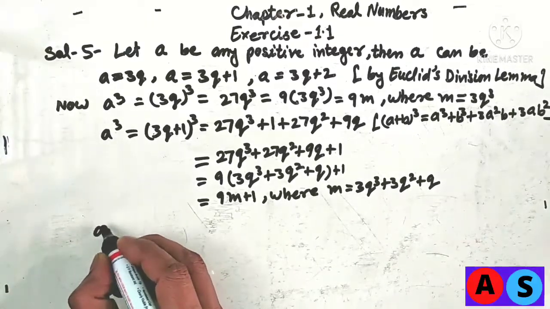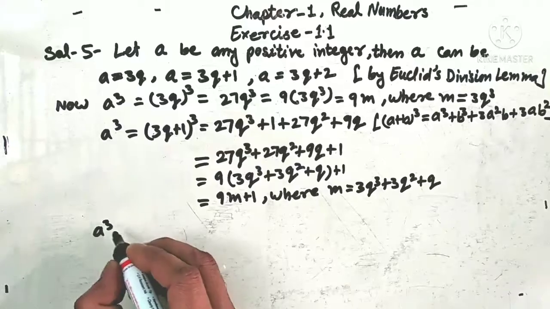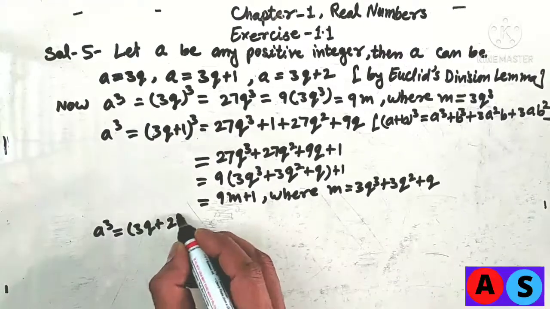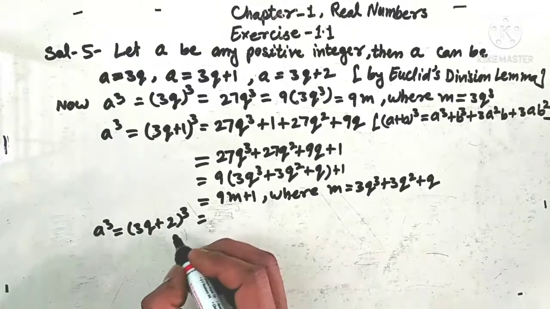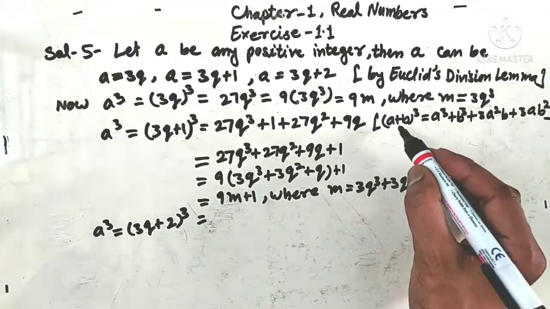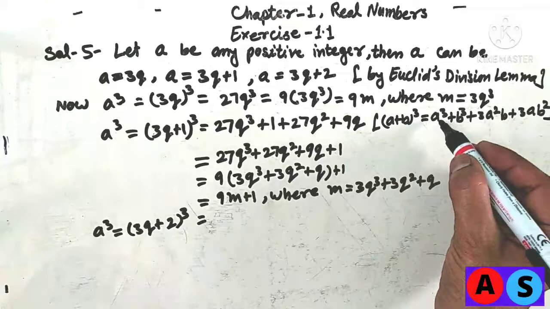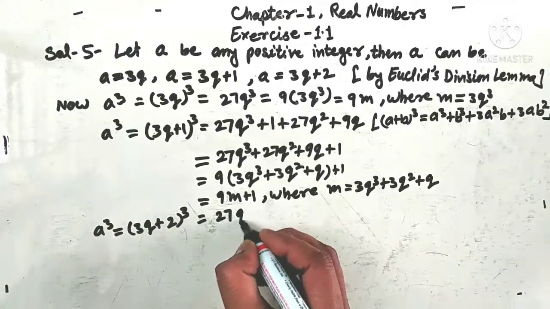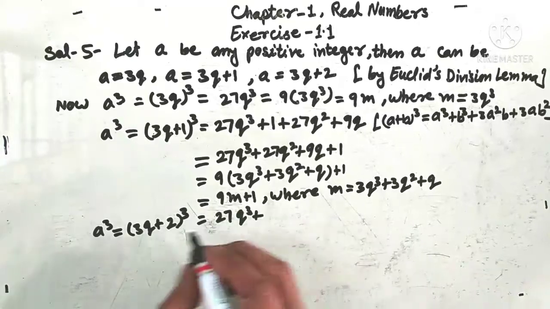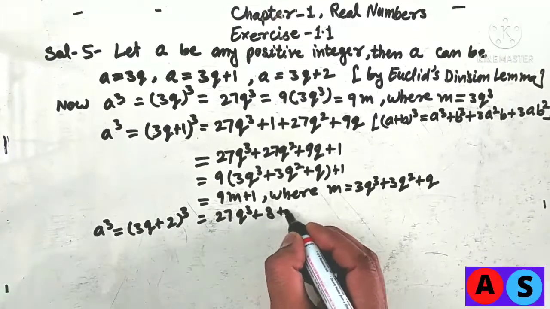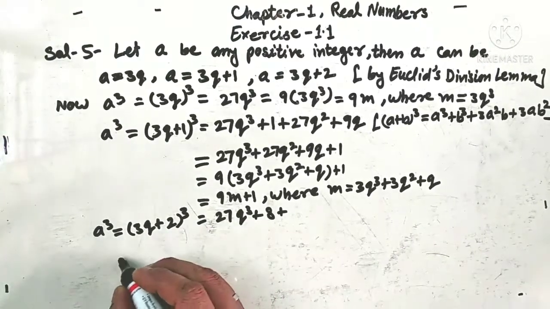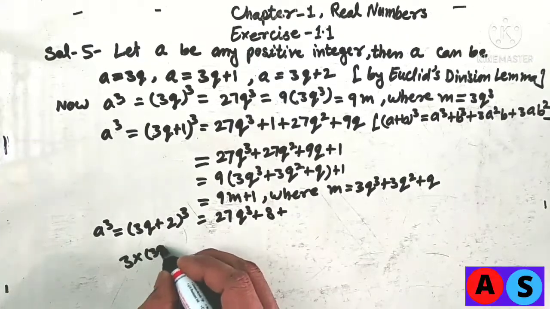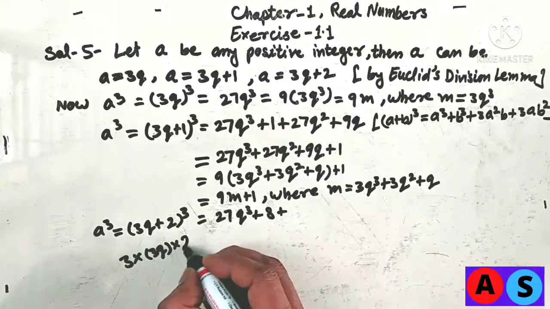Again we make the cube of the third form, 3q plus 2 whole cube, we open it with the help of the identity cube of a plus b. Cube of the first term 27q cube plus cube of the second term 8 plus 3 times the product of square of 3q and 2.